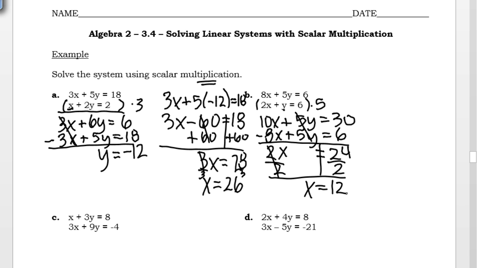We're going to substitute 12 back into the equation for x. So 8 times 12 plus 5y is 6. Now you can sub it in your original equation, your second original equation. You can even put it in the new equation that you made. They should all come out the same. 8 times 12 is 96.